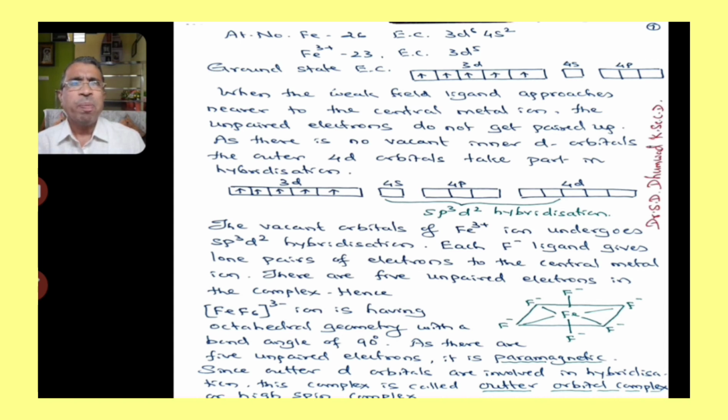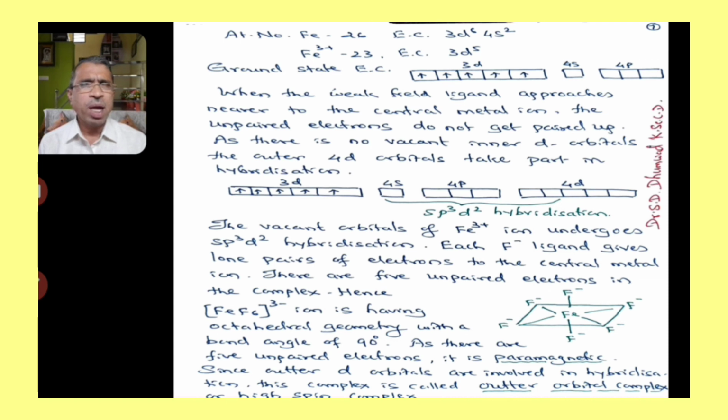It will not pair up the inner d orbitals. The vacant orbitals of the Fe3+ ion undergo sp3d2 hybridization. Each fluoride ion ligand gives lone pairs of electrons to the central metal ion.